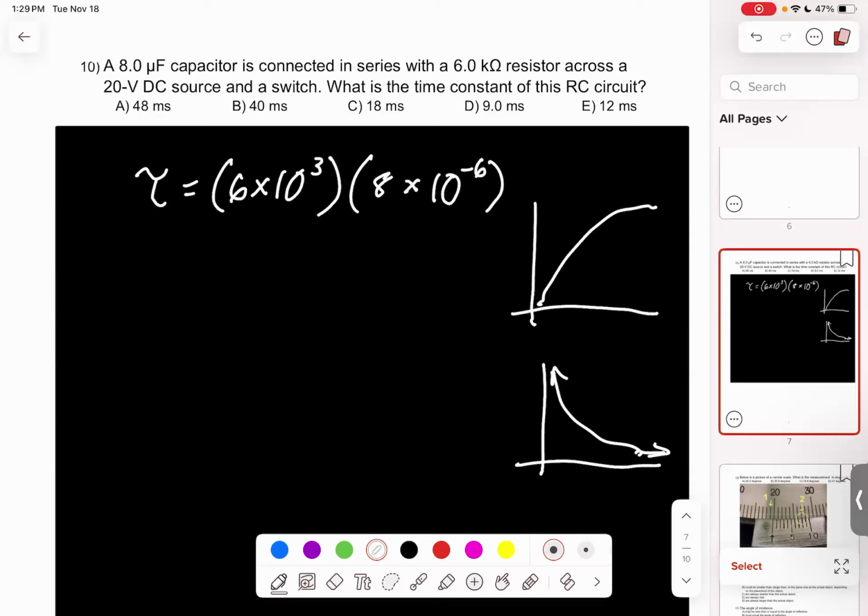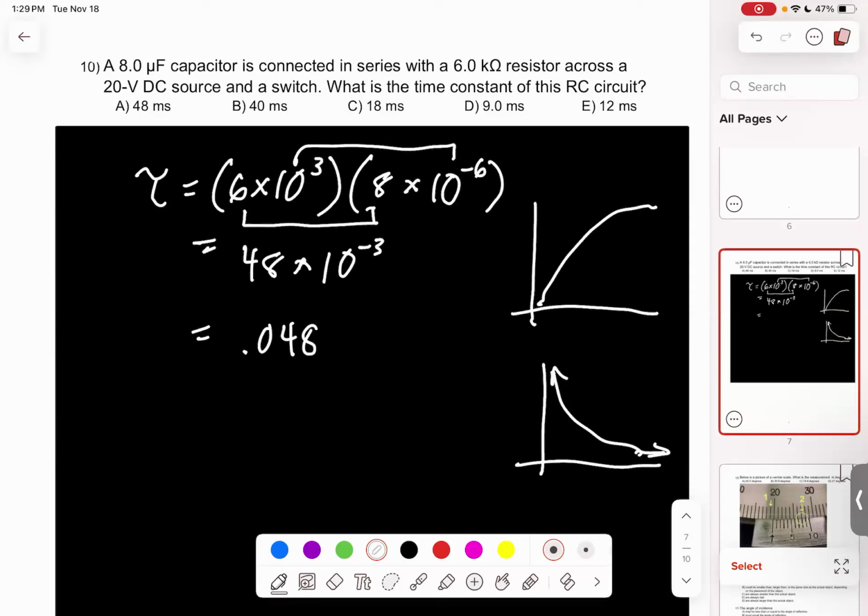Okay, so in this case, we multiply those two, we get 48. Multiply those two, we get 10 to the -3rd. And so we get 48, so 0.048. And these are in seconds.